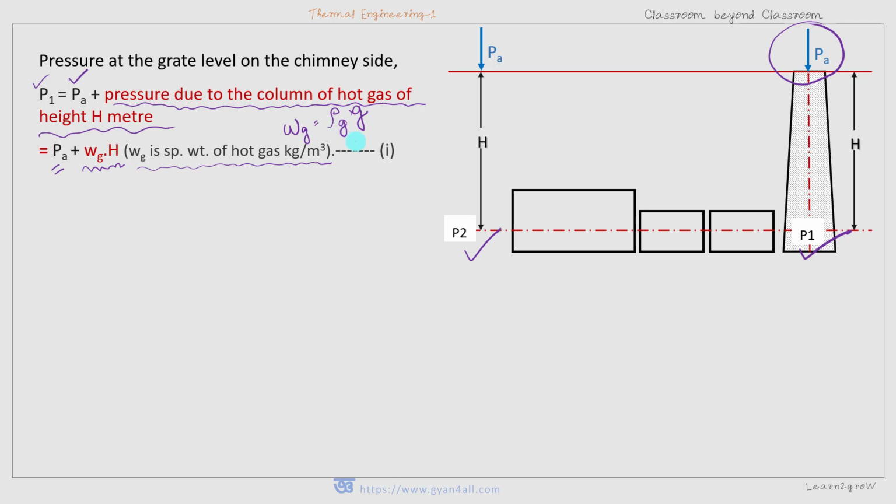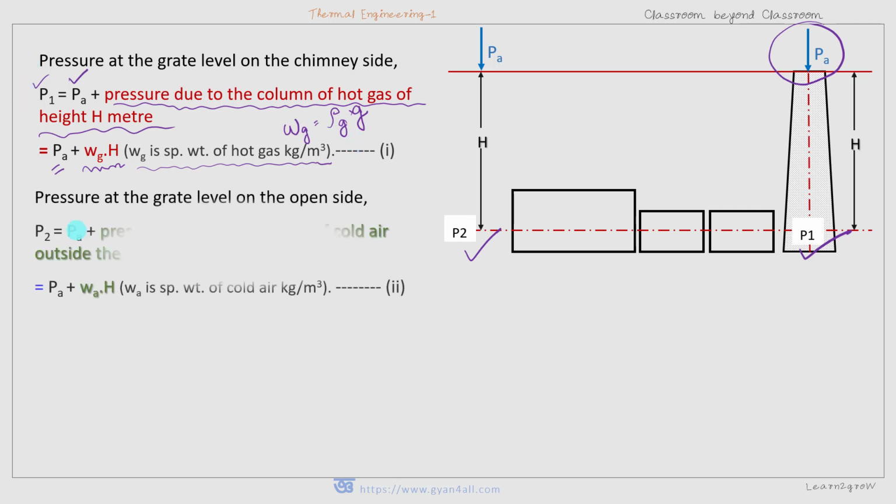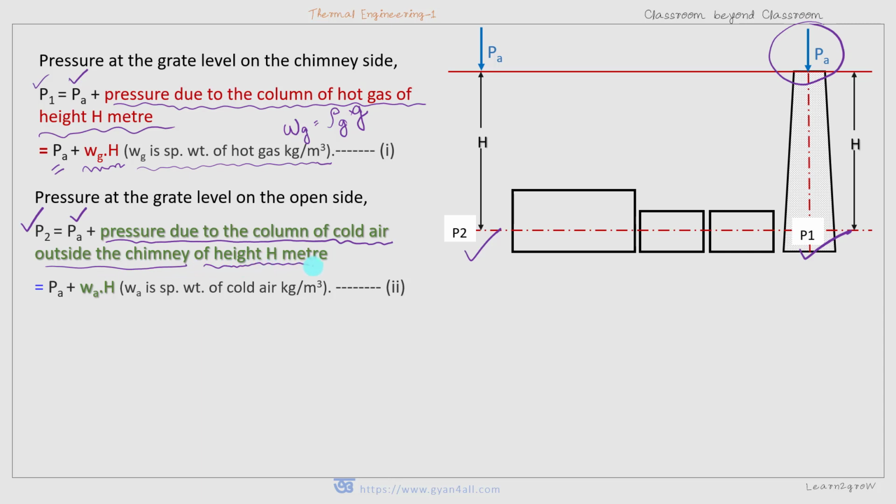Similarly, the pressure P2 outside the chimney at the grate level is equal to PA plus pressure due to the column of cold air outside the chimney, and the height of the column is h meters. So P2 equals PA plus Wa h, where Wa is the specific weight of cold air, and Wa is equal to rho a, density of air, multiplied by g, acceleration due to gravity.